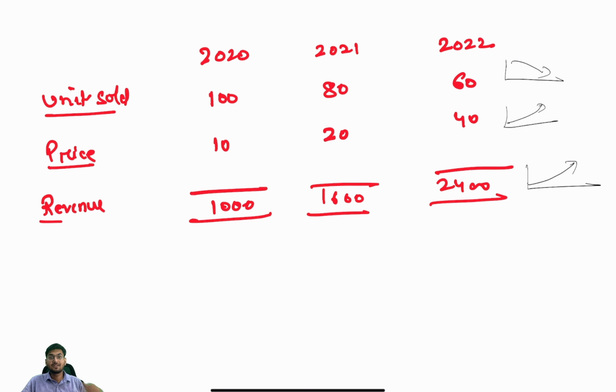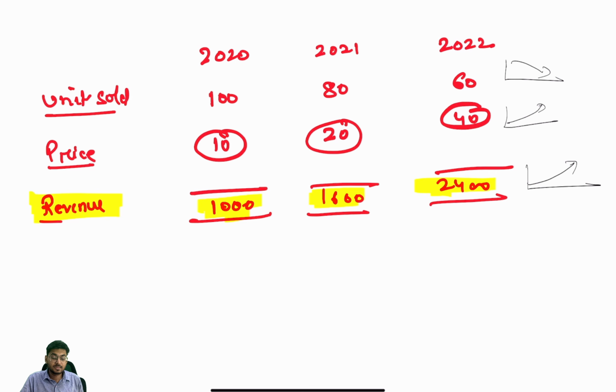So if I take my decision just based on the sales of that company, I feel that the company is making good revenue. Clear? Sales is increasing, but in reality it's just the price which has increased the sales, while the number of units which you sell is actually decreasing.